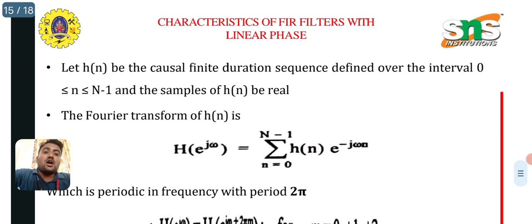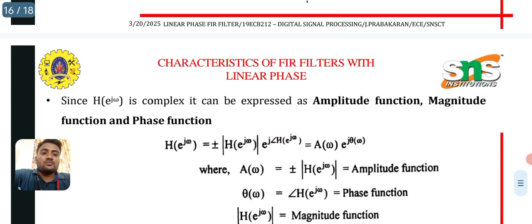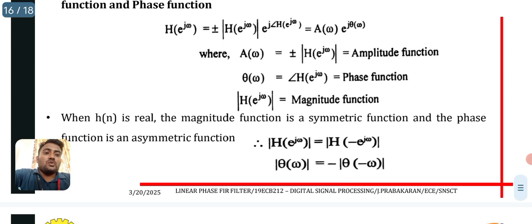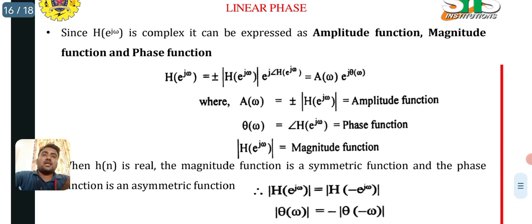This is the formula for the Fourier transform: H(e^{j omega}) equals the summation for n equal to 0 to N minus 1 of h(n) times e^{-j omega n}. And you can see the formulas for the magnitude response and phase response.